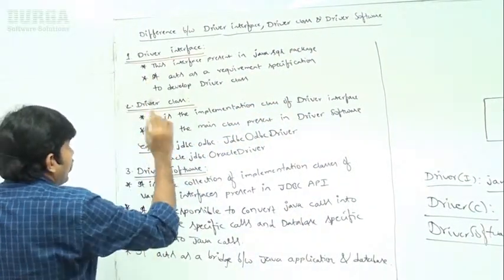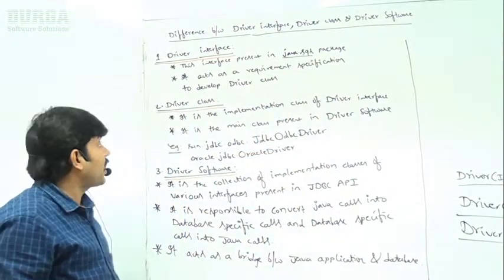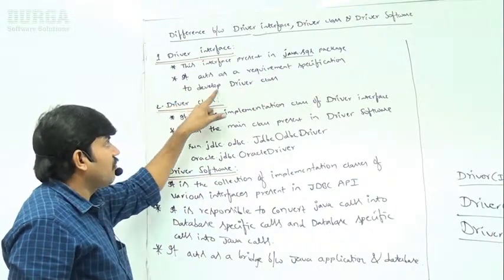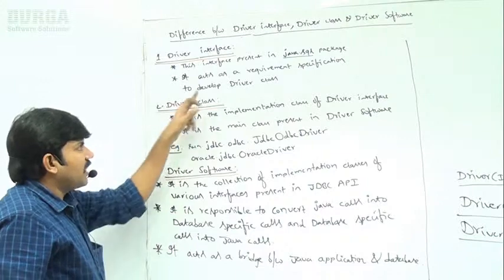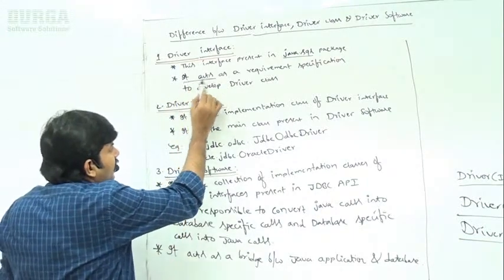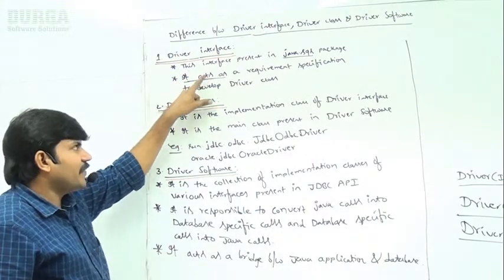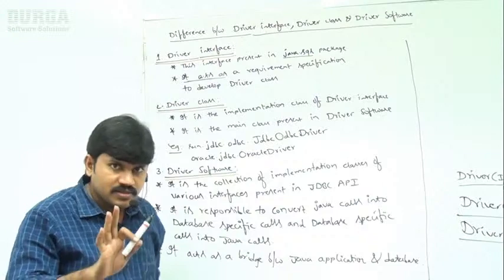Driver interface: this interface is present inside the java.sql package. It acts as a requirement specification to develop a driver class. Remember, if you want to develop a driver class, then where is the requirement specification? The driver interface, right? Clear for all?